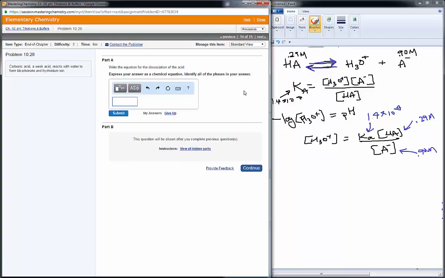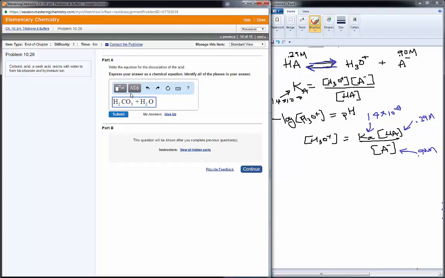So let's see what's going on here. If we have carbonic acid, it tells us it reacts with water to form bicarbonate and hydronium. So carbonic acid is H2CO3, and that's going to react with water to form bicarbonate, which is HCO3 minus.